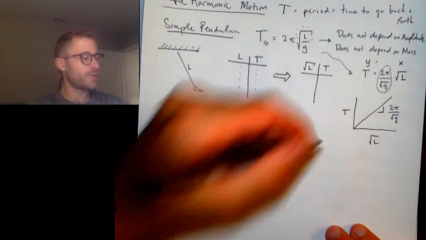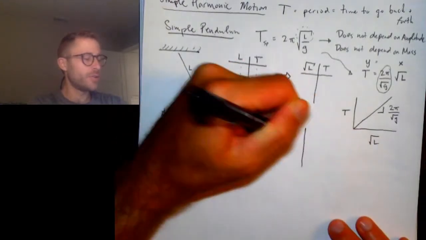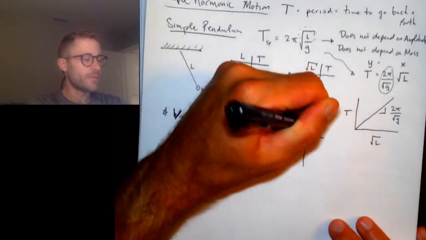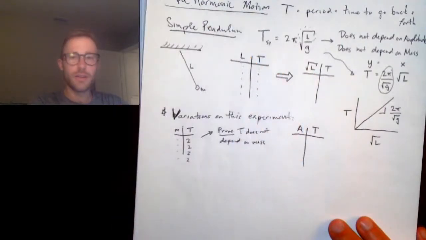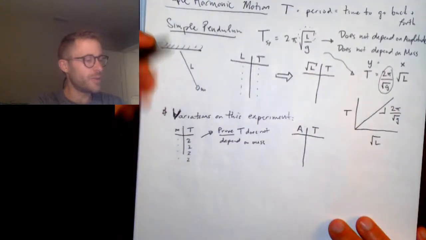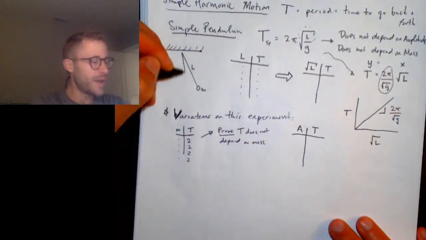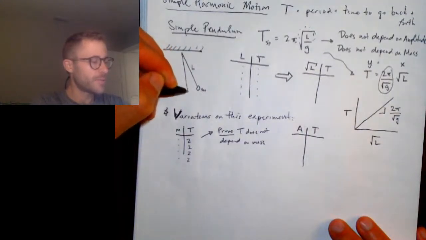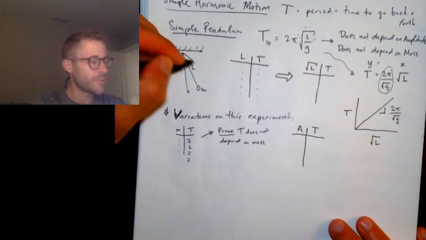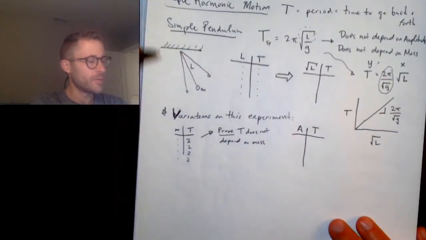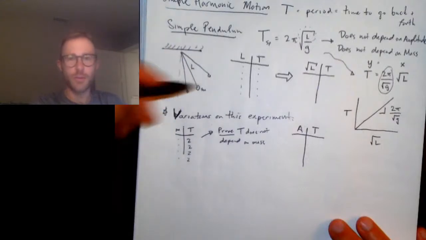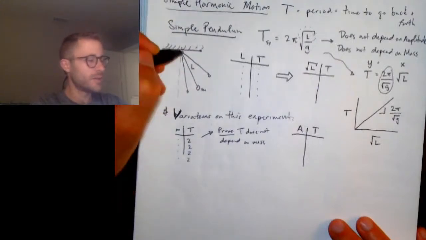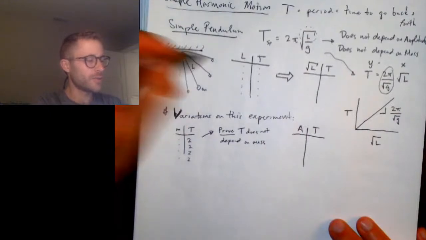Another experiment you could do is period versus amplitude. In the case of a simple pendulum, amplitude would be the angle that it makes with the vertical. You start out with different angles and see how that affects the period.